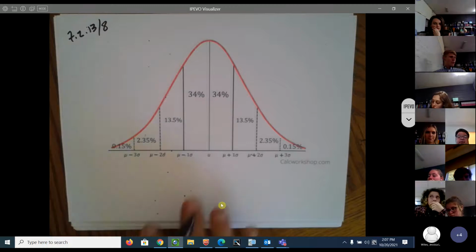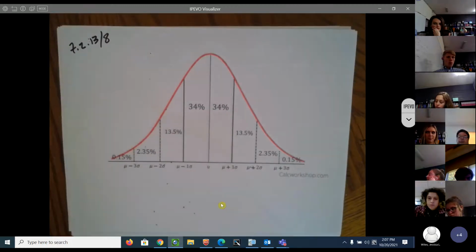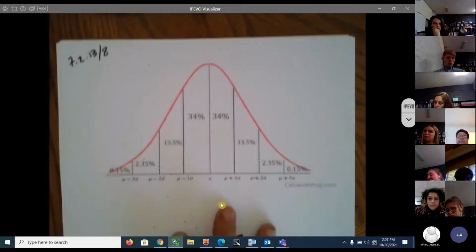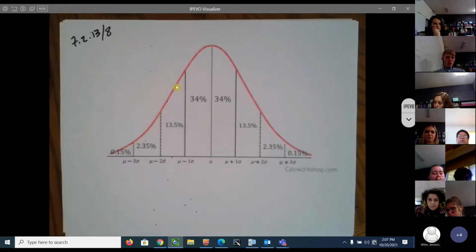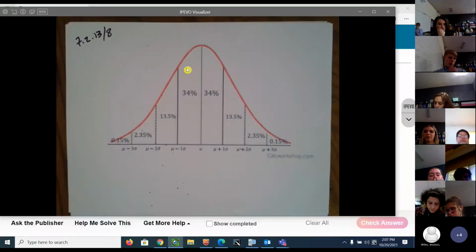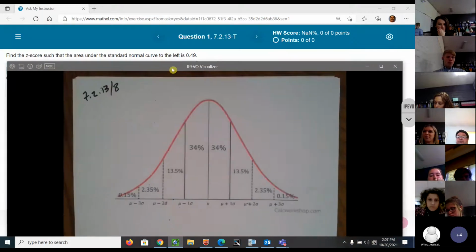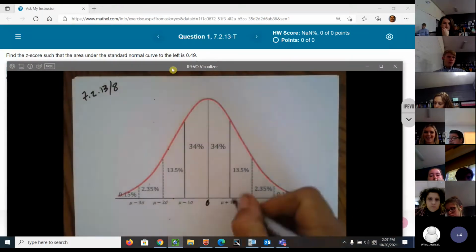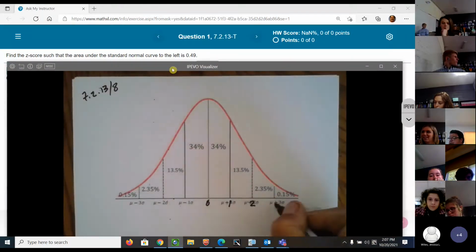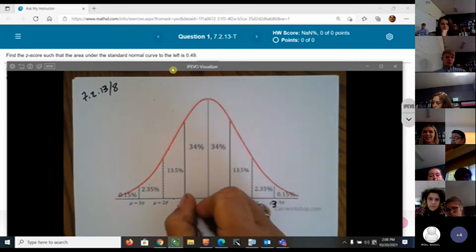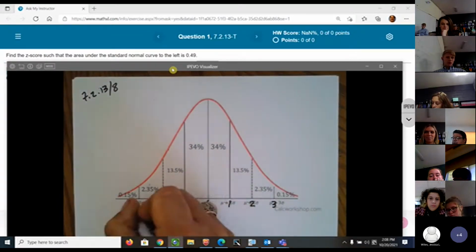All right, so we're going to go ahead and take this, and I'm going to fix it right there. And let's see, we got a mean of 0, 1, 2, 3, -1, -2, -3.